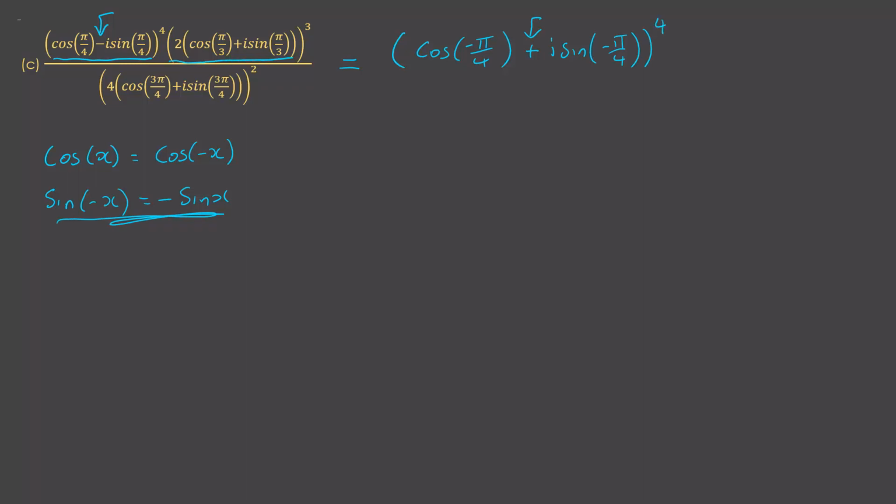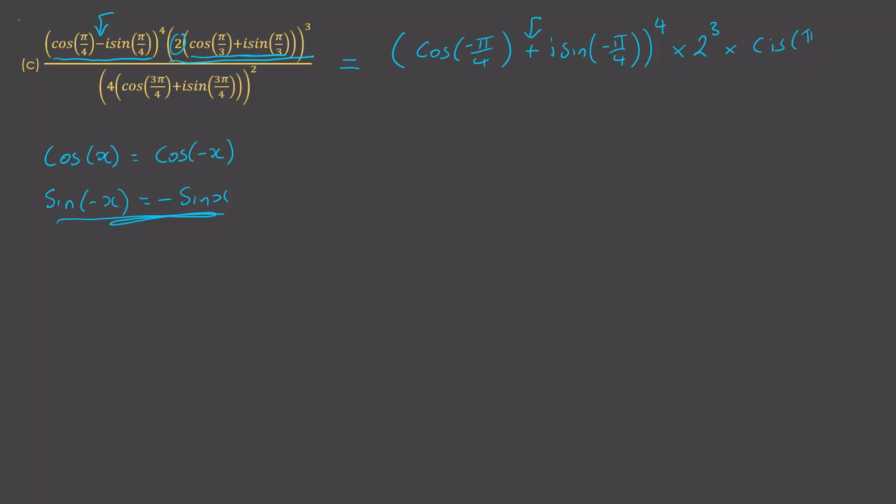Now, if we look at the second part of the bracket, the 2 is to the power 3. So we've got an 8 there. Or should I leave that as a 2 to the 3? Let's leave it as a 2 to the 3. And then the 3 applies to this. So that is cos pi by 3 plus, I could just write it as cis pi by 3. So I'll do that.